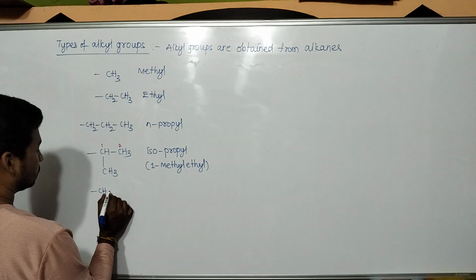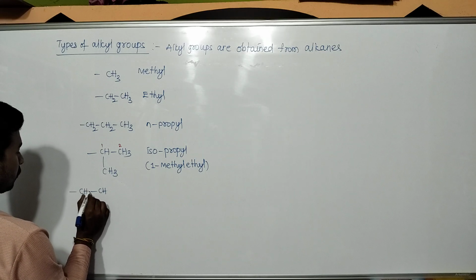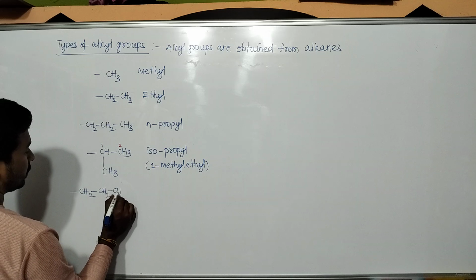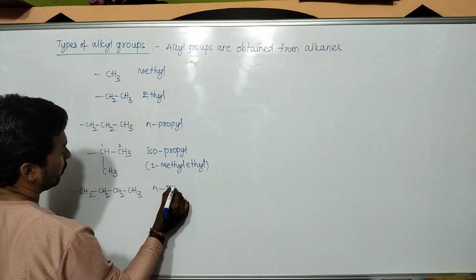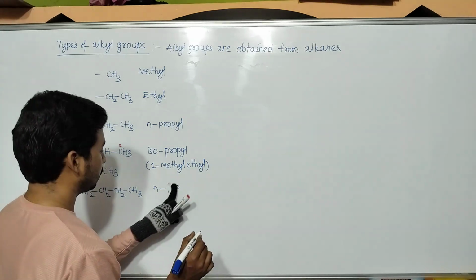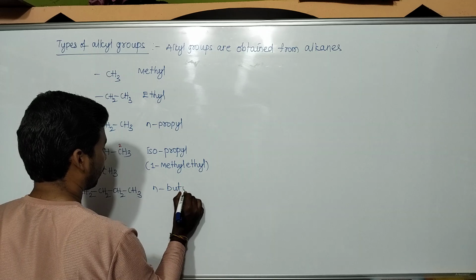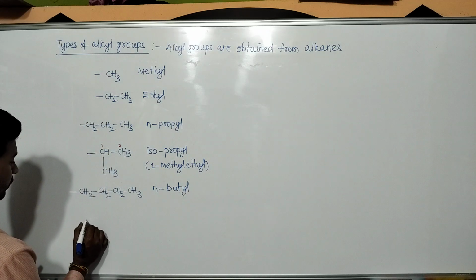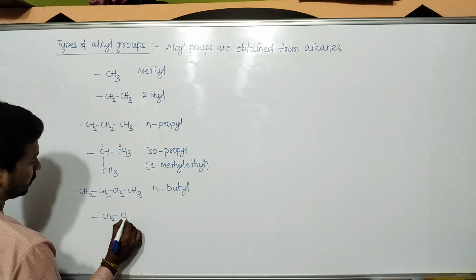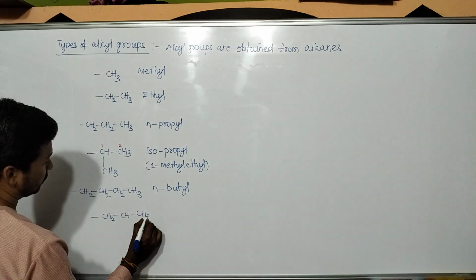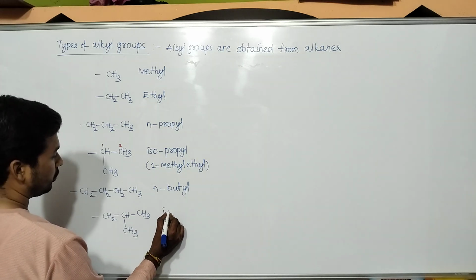If you see the butyl group, CH2CH2CH2CH3, this is n-butyl, where n means no branches. If there is a branch like CH2CH(CH3)CH3, this is called the isobutyl group.